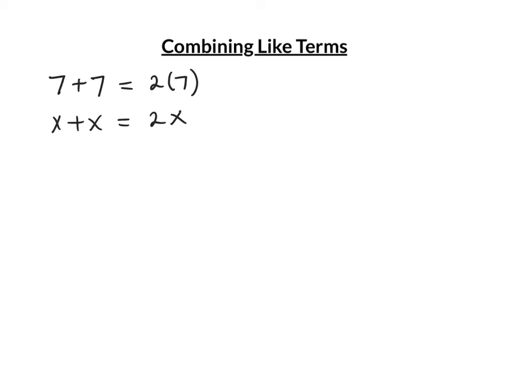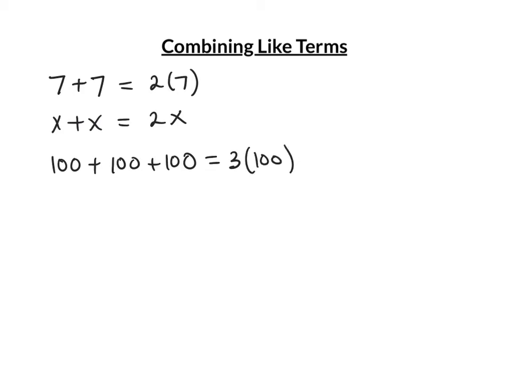There were 2 7s above, which would have made 14, and there are 2 x's, so x plus x, but I don't know what x is, so I can't go any further unless they give me a value to plug in for x. But that's exactly what's going on. When I say 100 plus 100 plus 100, I could write that as 3 times 100.